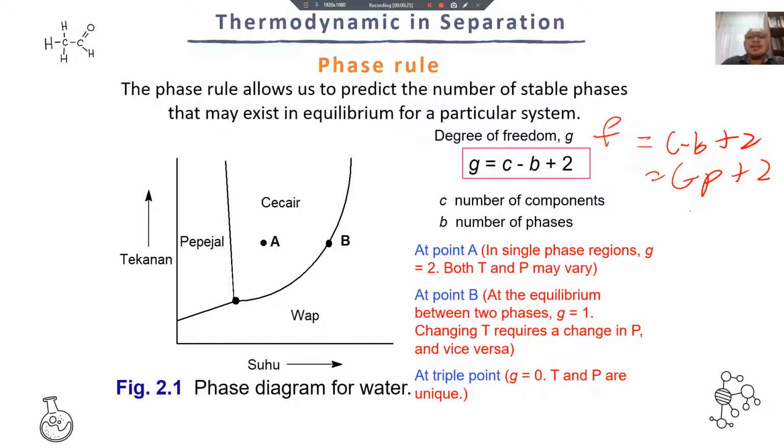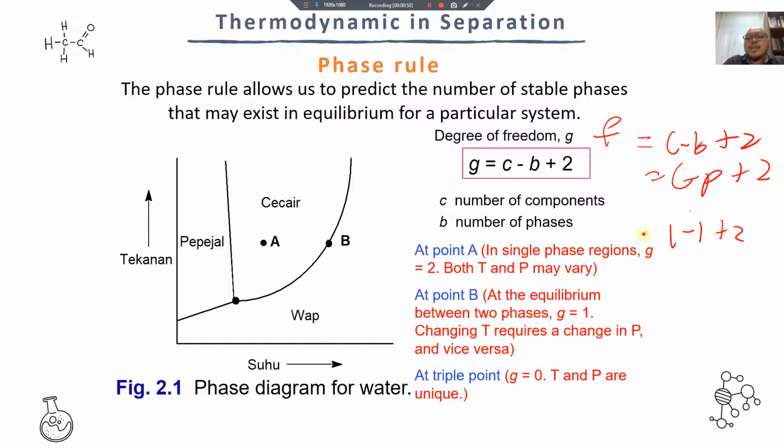Okay, for example, let's say you want to analyze only one compound in water. So for example at point A, the component is just one, because we have only one component. And for P, how many do we have? We have only one. P is the phase, so our phase is liquid, just one. So 1 minus 1 equal to 0, plus 2.